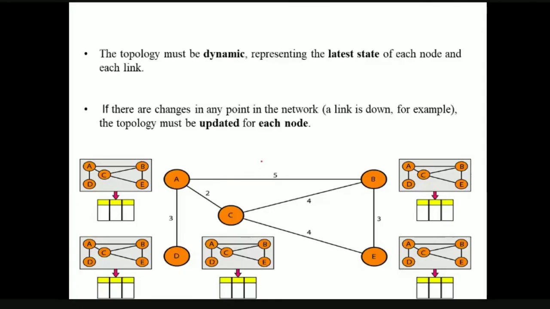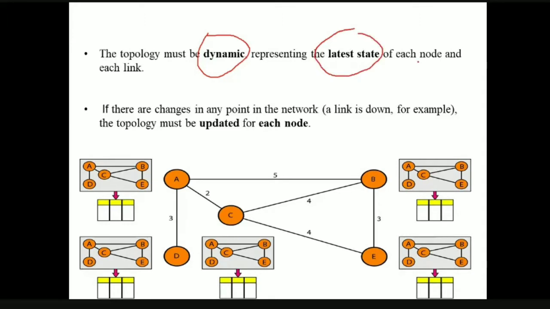Now, obviously the topology must be dynamic, because all the time we cannot say that the network will be up or always in a working condition. So each node must represent the latest state of the network.